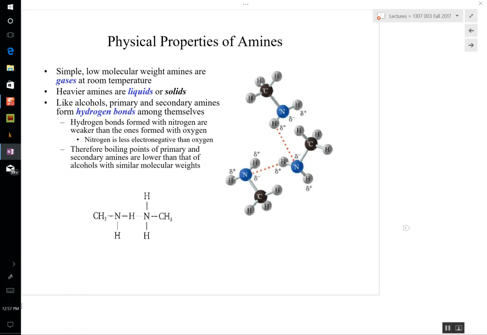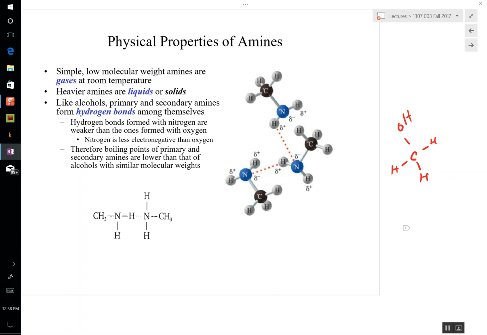If you looked at that, that's methylamine. If you compared that to methyl alcohol, these two would have about the same molecular weight. You got a carbon and a nitrogen, you got a carbon and an oxygen. They're right next to each other. They're very similar weights, and even the nitrogen now has 2 hydrogens on it.